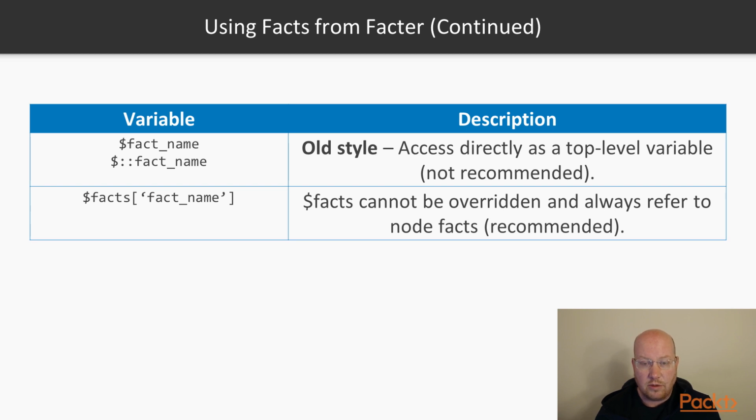You give it the name and it returns the value. And if it's a hash that includes a hash, like we saw in that OS example, you can use that same square bracket notation multiple times to delve down into the data structure to get the data that you want. All of our node facts are contained within that top-level facts hash, and that's the recommended way to do it.